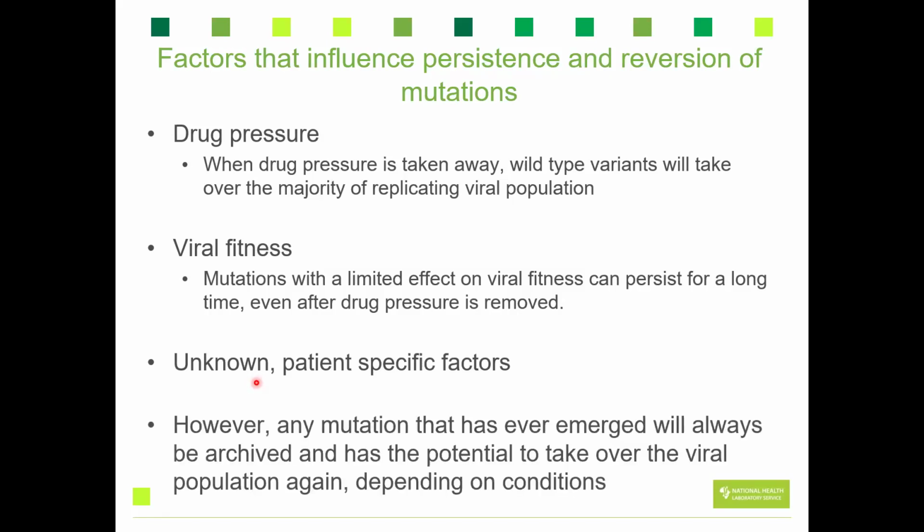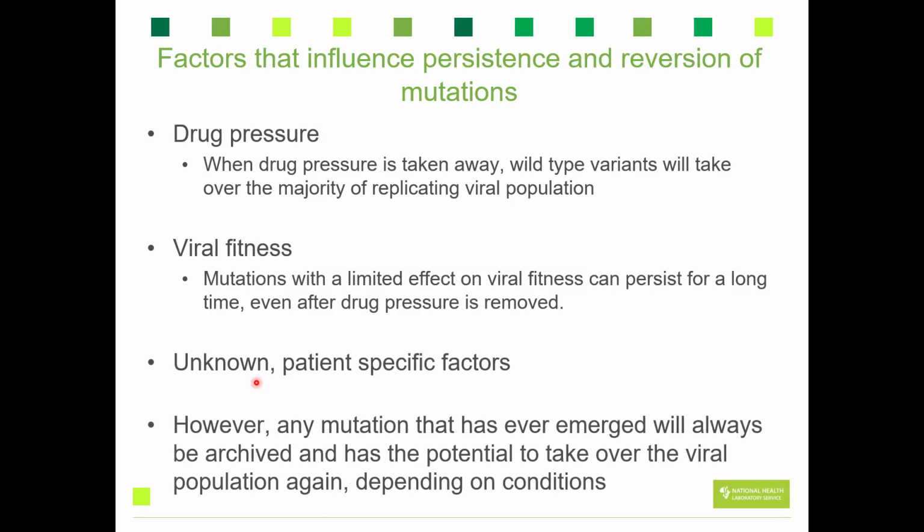So just keeping in mind, again, any mutation that has ever emerged will always be archived and has the potential to take over the viral population. So this is where it gets extremely important when you look at a resistance result, for example, in a patient that has been exposed to multiple regimens, but is now on a PI-based regimen, and you only have this resistance result.